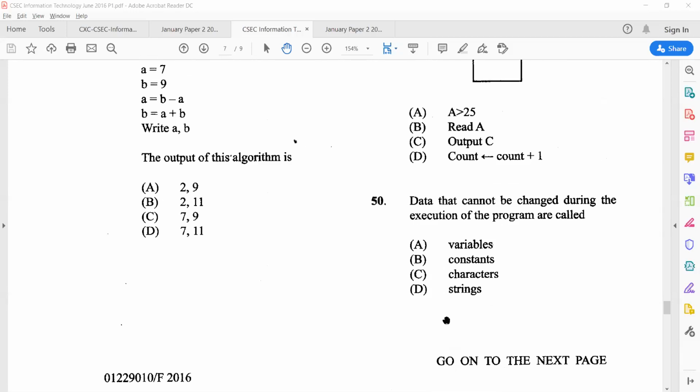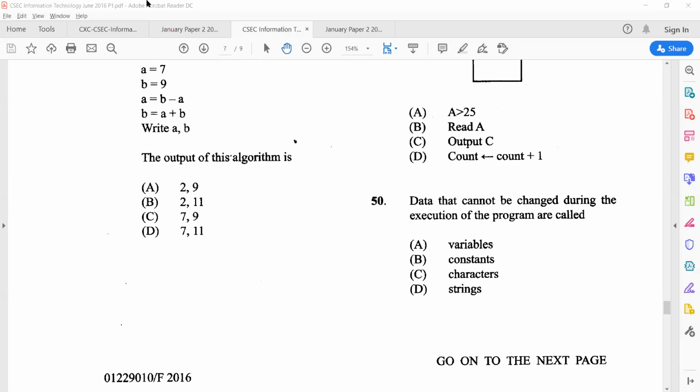All right, number 50. Data that cannot be changed during the execution of a program is called what? Variables, constants, characters, or strings? B, sir. Right. So if you cannot change data when a program is being executed, that value will be a constant.